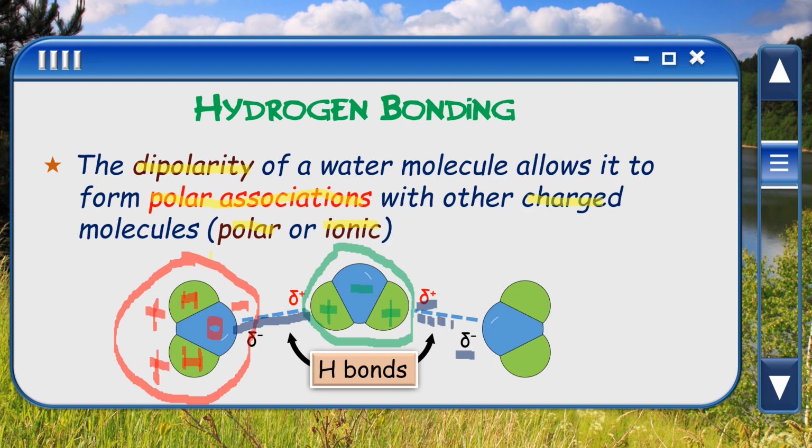And that bond is what we call the hydrogen bond. Because oxygen is partially negative and hydrogen is partially positive, there is that attraction, and that attraction bond is what we call the hydrogen bond.